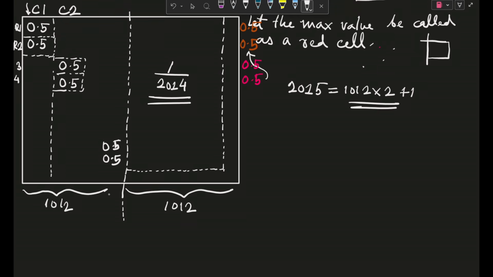This complete thing here, from here to here, is actually 1013, but leaving this 1 unit space, this space has a length of 1012. So if we fill 1 by 2024, then the criteria of the rows and columns having the same sum will be fulfilled.